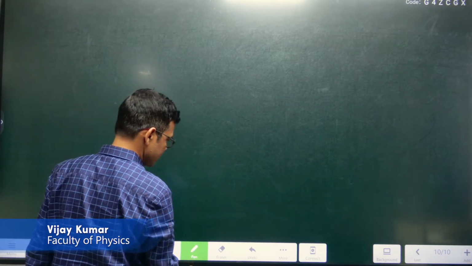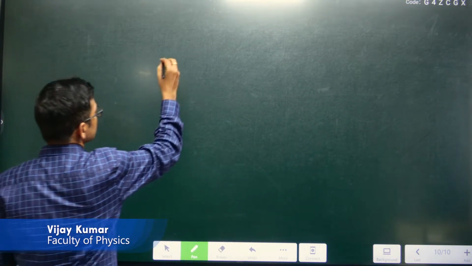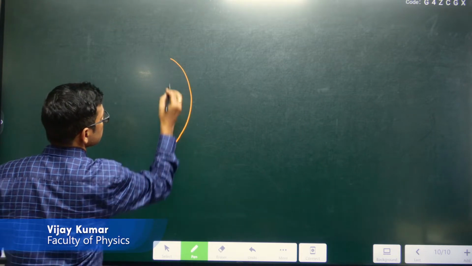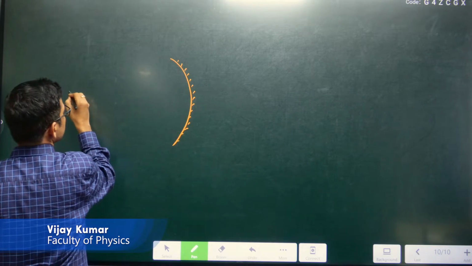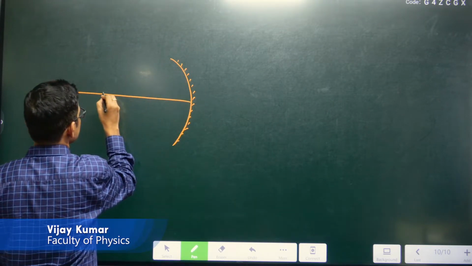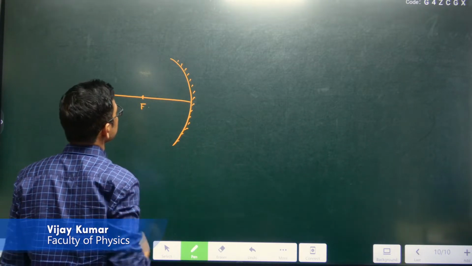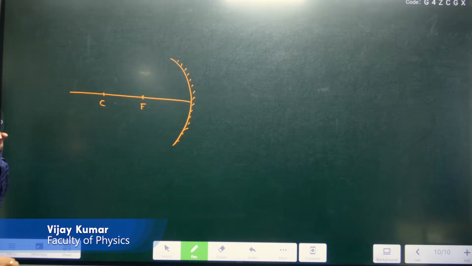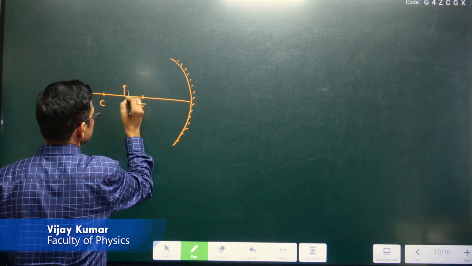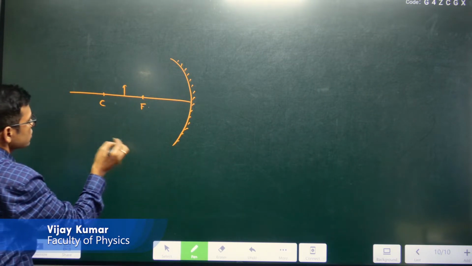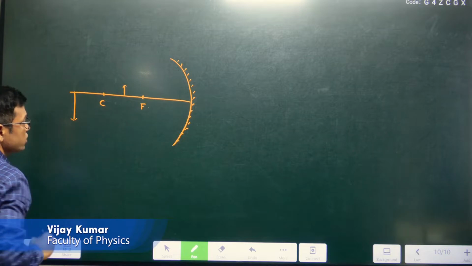So first we draw a diagram for the image formation. So this is the center of curvature and this is the focus. Suppose the object is placed here, and suppose in this case the image formation takes place at this position.